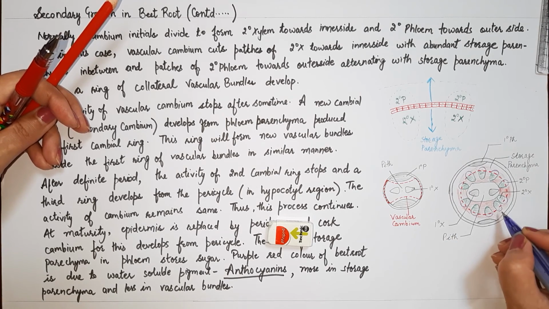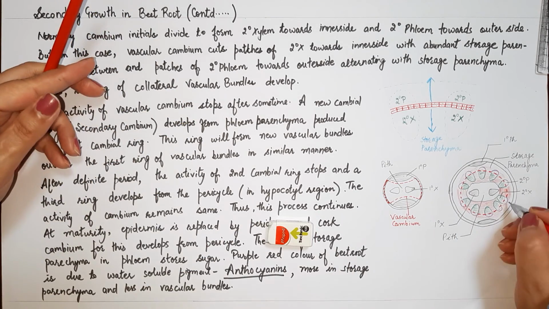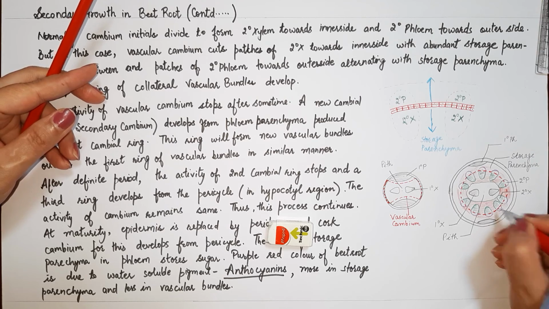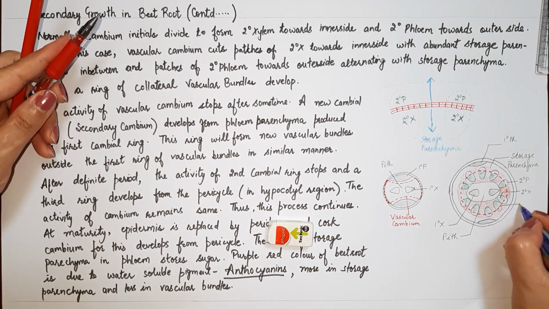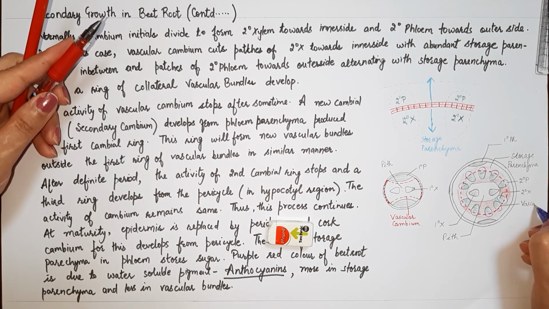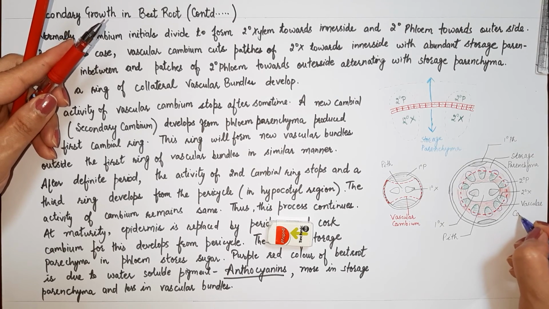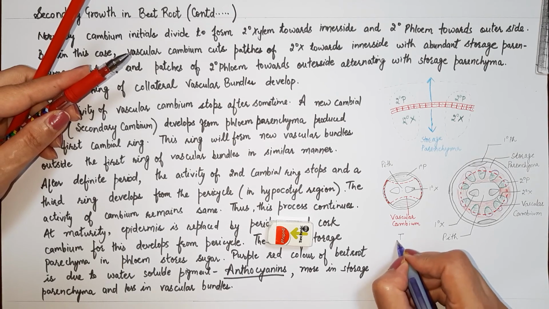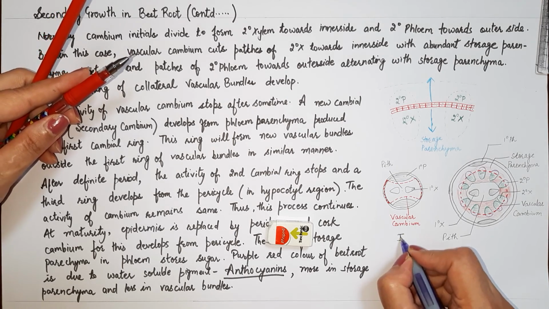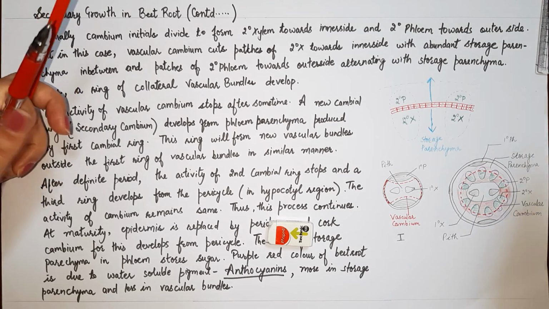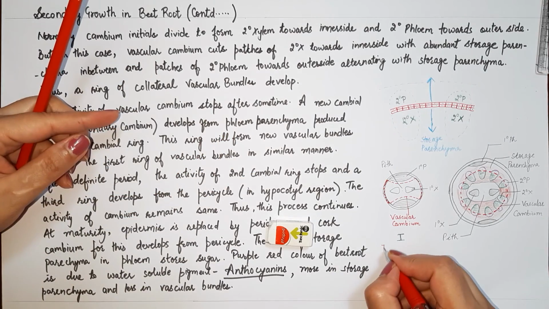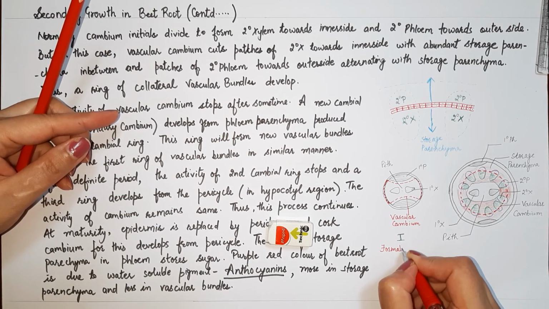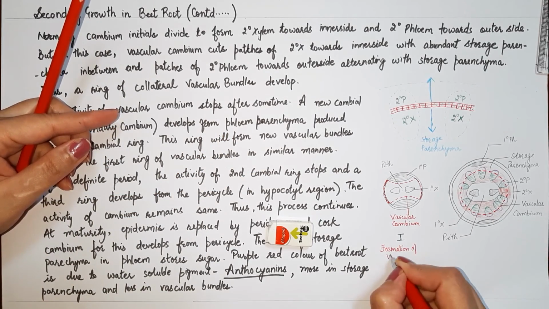And this red colored, it is the ring of vascular cambium. So, this is the first step, formation of vascular cambium.